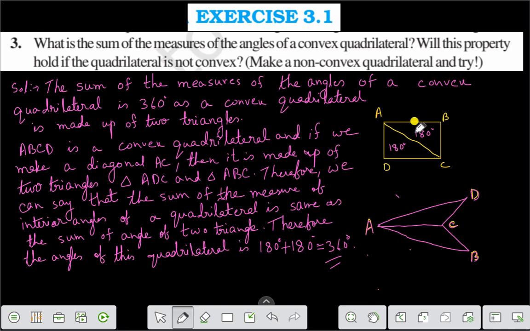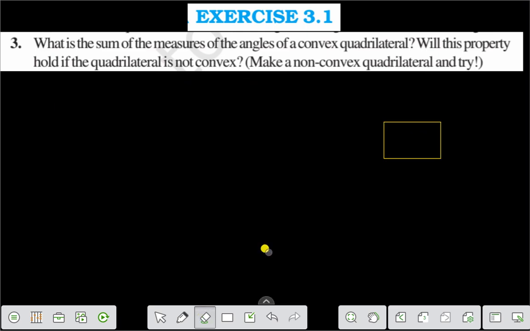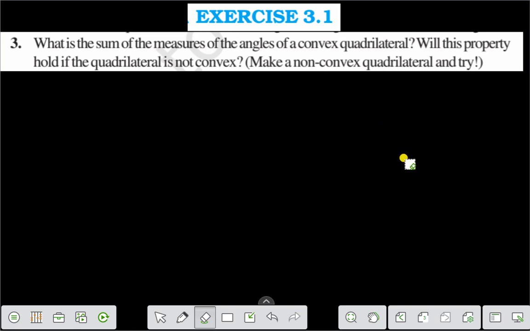Now we shall make a non-convex quadrilateral and try it again. Let us find what you get if we take a non-convex quadrilateral, right? We are taking a non-convex quadrilateral like this.